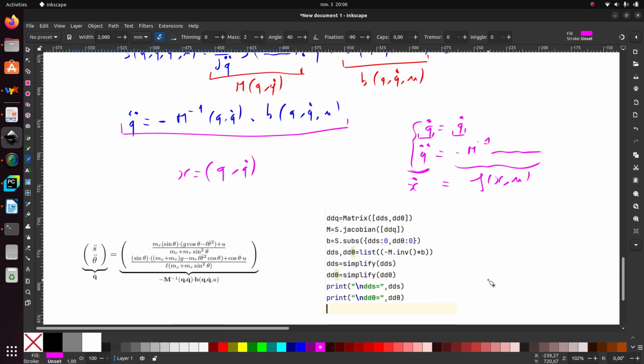So this is the final expression. To do this, I will use SymPy. I will compute M as a Jacobian as described above with respect to q double dot. Here b is the same, and I replace q double dot by 0. Then I will compute this, which corresponds to this, and I will simplify the two expressions and print them, and I will see that I obtain that.